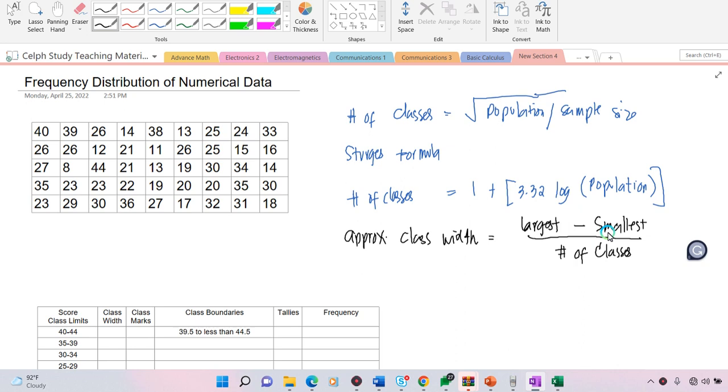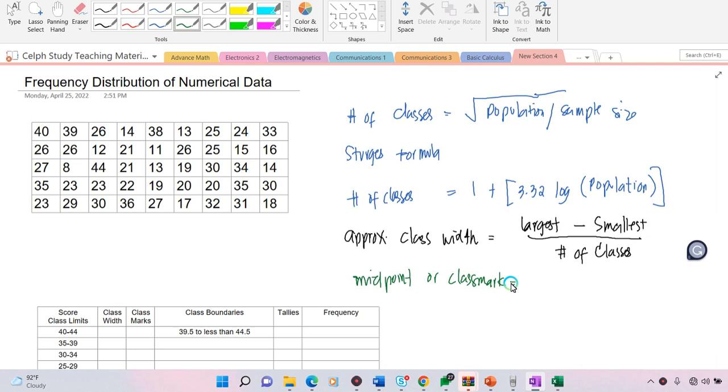So, the class mark, or our midpoint, just take note of the term. We have your midpoint or class mark, which refers to the average of our lower and upper limits of a class.